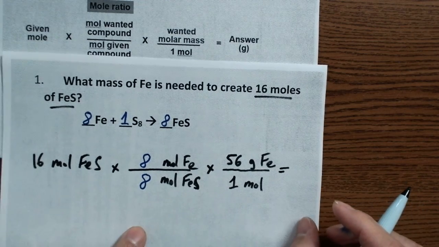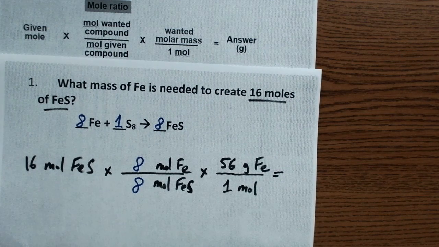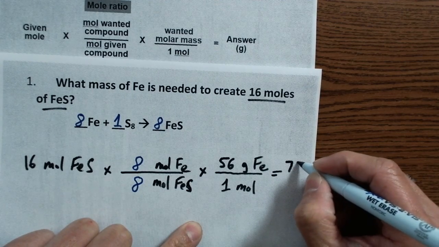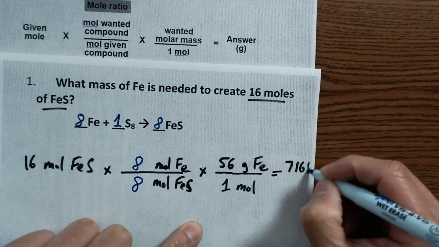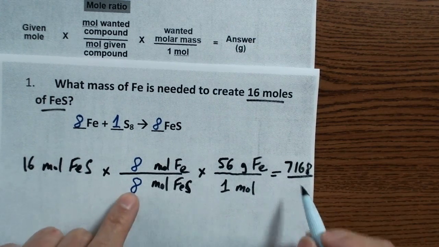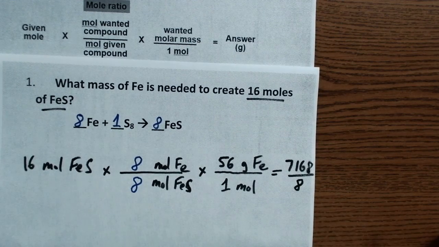All right, let's do math. 16 times 8 times 56 will give you 7,168 on the top. And the bottom number, 8 times 1 is still 8.